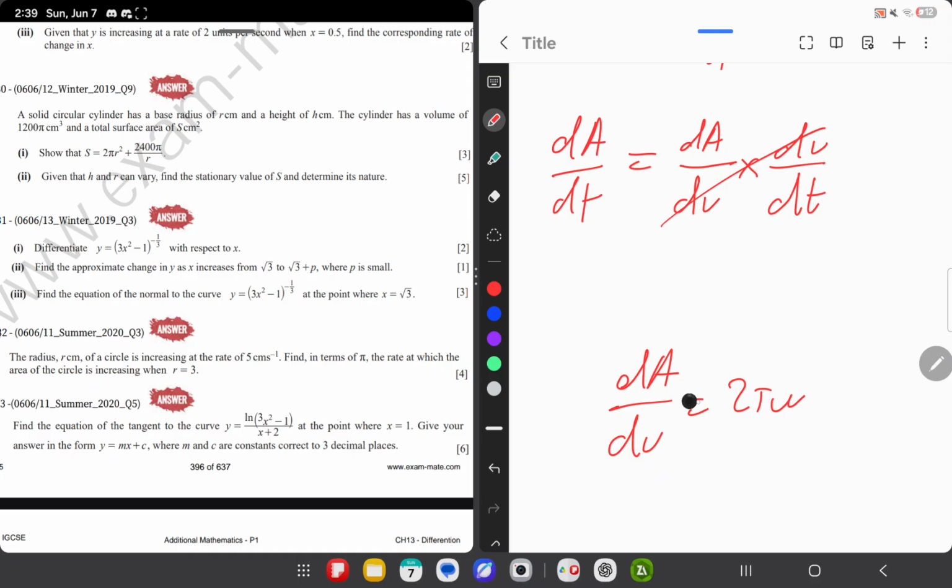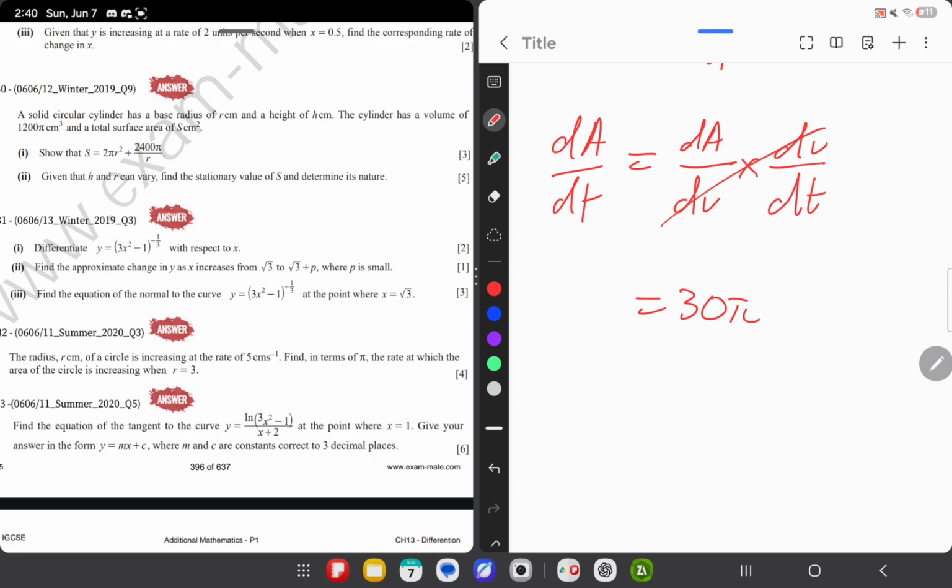At r equals 3, this equals 6 pi. So this is 6 pi times 5. 6 pi centimeters times 5 centimeters per second. So we find centimeters squared per second, which indeed works out to 30 pi.